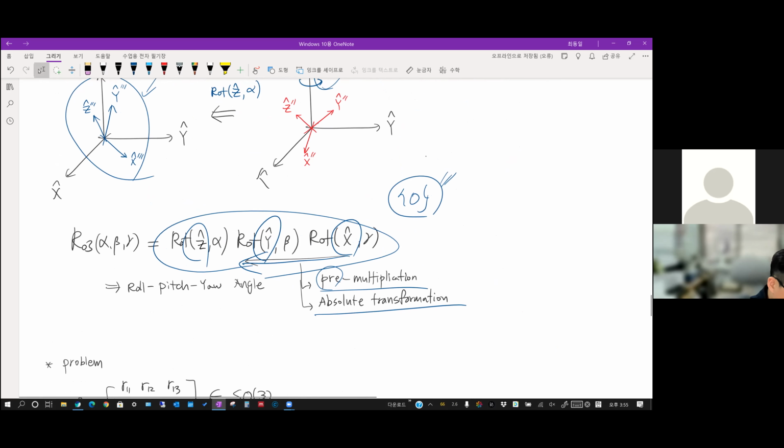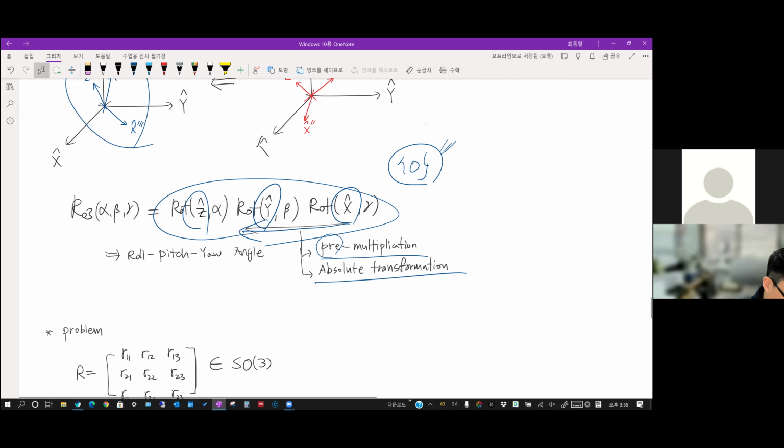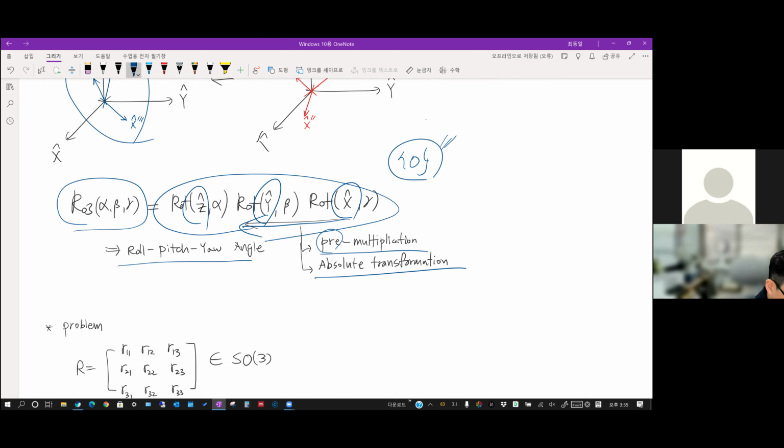So here we can know that the roll pitch yaw angle is equal to the Euler angle, the ZYX Euler angle. So this one is also already explained.